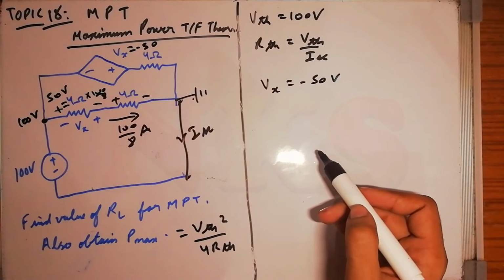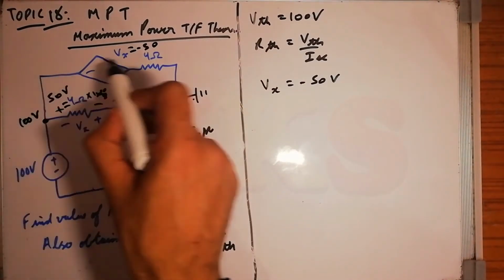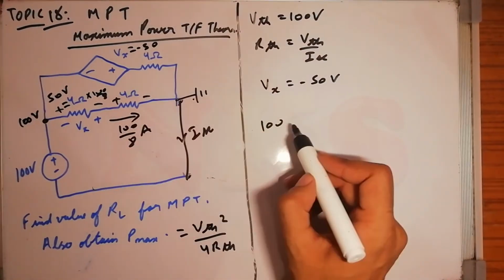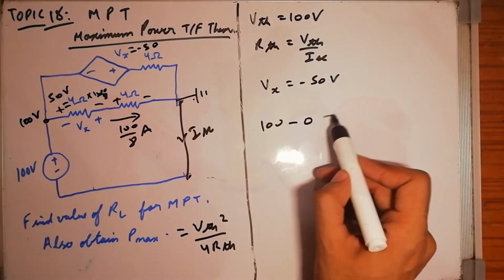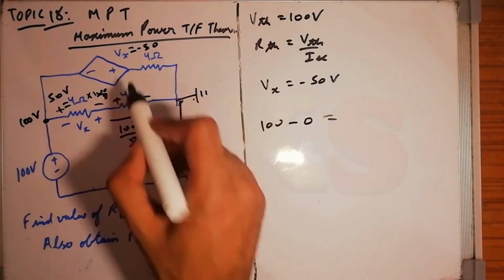Now we can also find the current in this branch by applying KVL in this branch. So this is 100, this is 0, so as I am finding 100 minus 0, I will move from this to here.